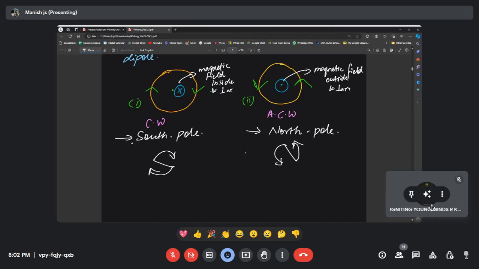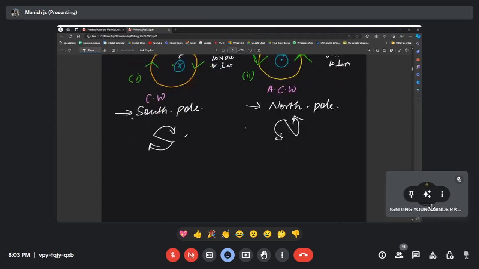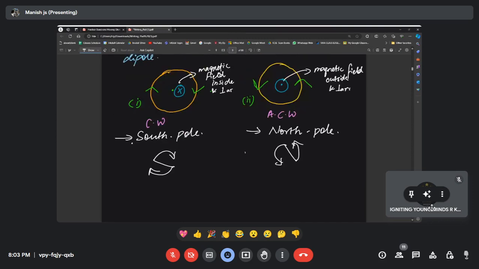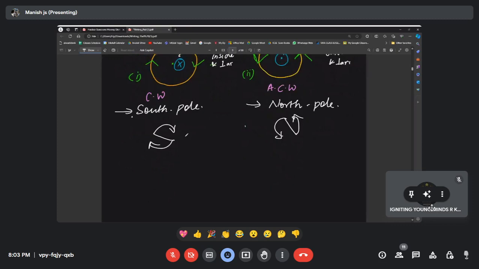So that is your cross and dot representation. Fine. So this is an important aspect for you to keep in mind. Now we have understood what the cross and dot representation is and what the polarities are also. We have come to an idea.